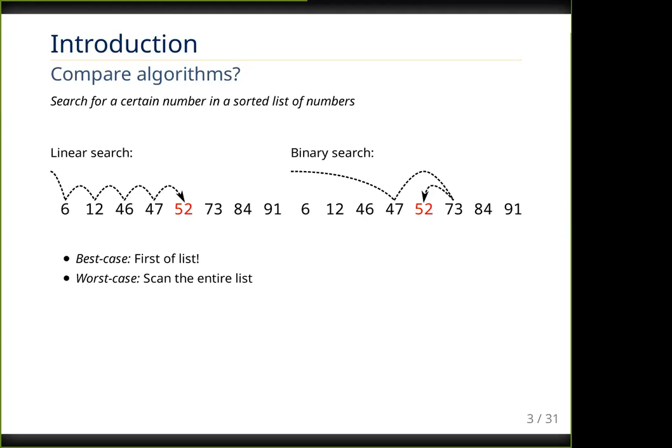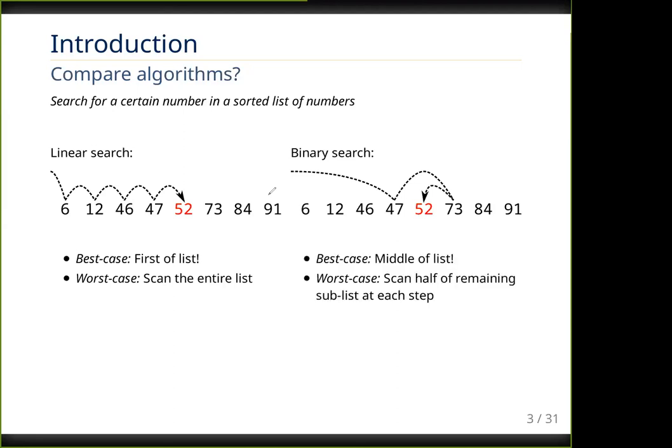The worst case scenario in that case is if we're looking for number 91. 91 is at the very back of the list. If we were to try to find it, we'd have to go through the entire list one by one, and that would take as many steps as we have numbers in the list.